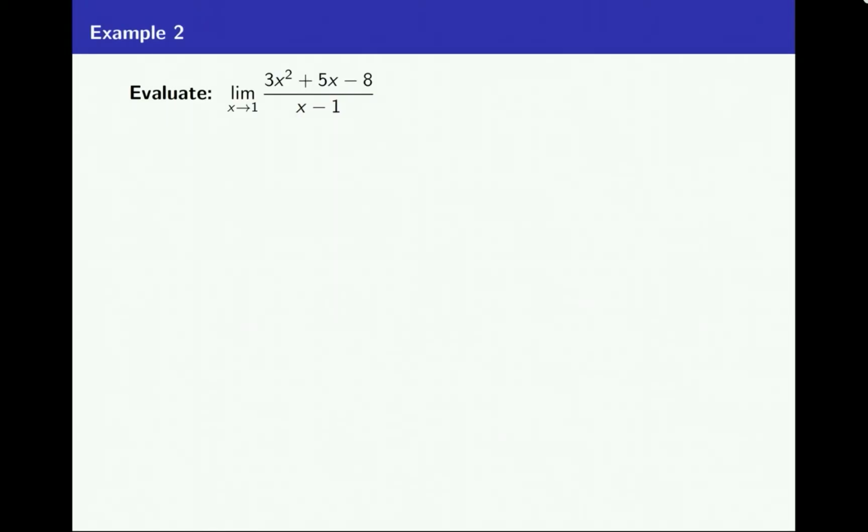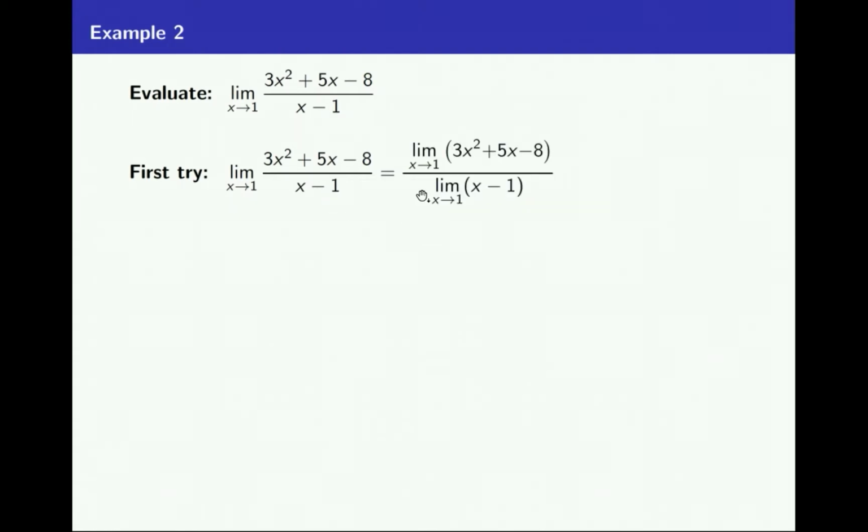In our next example, evaluate the limit as x approaches 1 of 3x squared plus 5x minus 8 over x minus 1. Always when you're working out limits, your first impulse is to try to apply a limit law. And here you might look at this and say, well, I've got the limit as x approaches 1 of a quotient, so let me apply my limit law, and we get this limit divided by this one.